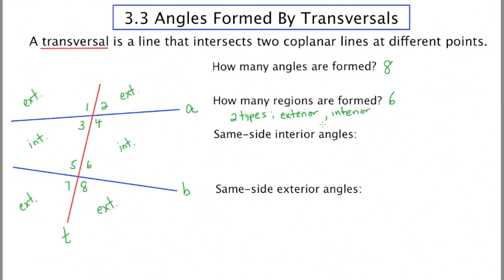Okay. Now we're going to start talking about specific types of angles that are formed when this situation occurs. The first type is called the same side interior angles.